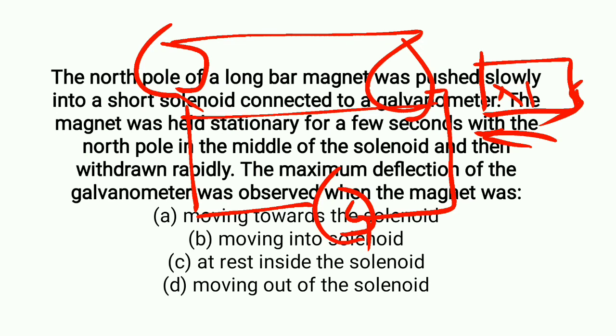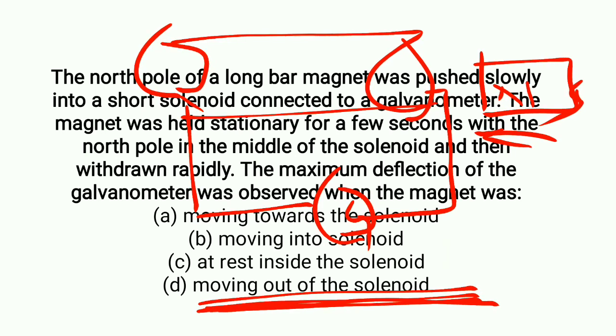Maximum deflection will be shown when moving out of the solenoid. Remember, this is a very important point: when you are moving the bar magnet out of the solenoid, the galvanometer will show the maximum deflection.